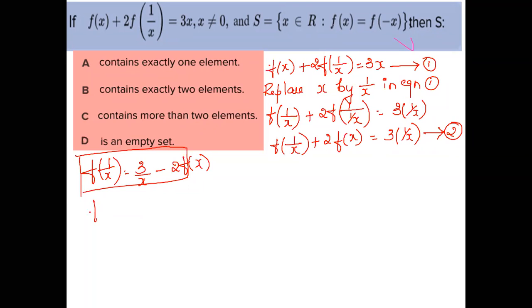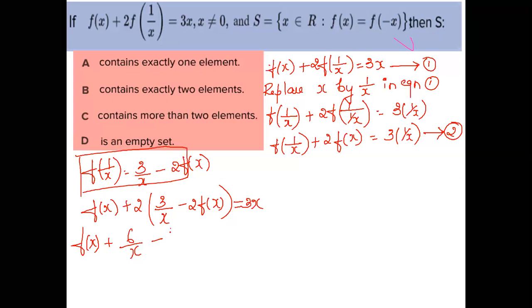So what happens? f of x plus 2 into f of 1 by x, in its place I have to substitute 3 by x minus 2 into f of x. So that is equal to 3x. So that is f of x plus, multiplying 2 inside, we get 6 by x minus 4f of x is equal to 3x.